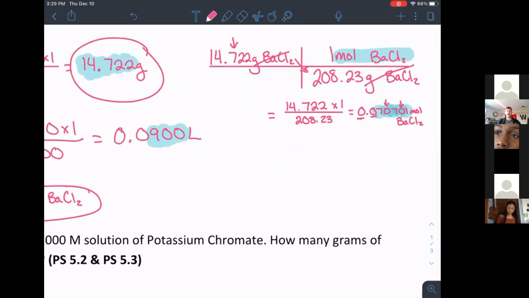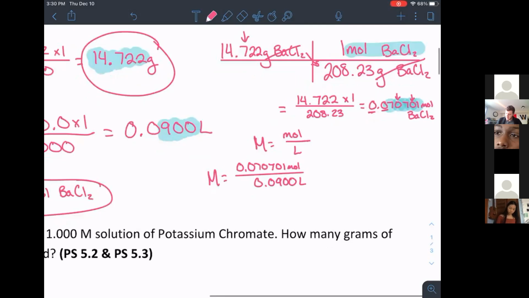Lastly, I have moles and I have liters, and I'm looking for molarity. So my molarity equals the moles divided by the liters, which means my molarity equals my 0.070701 moles of barium chloride divided by my 0.0900 liters.